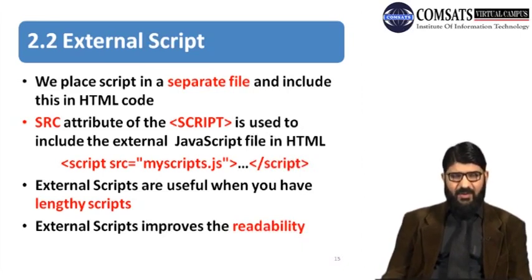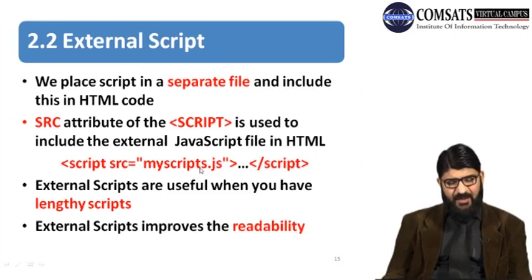Let's see the overview of the code for external JavaScript. So the script tag will be mentioned. The source file, that is myjavascript.js, which is an external JavaScript, is mentioned, and then it is closed, and then the relevant statements for the heading to appear, and then the script tag is closed.